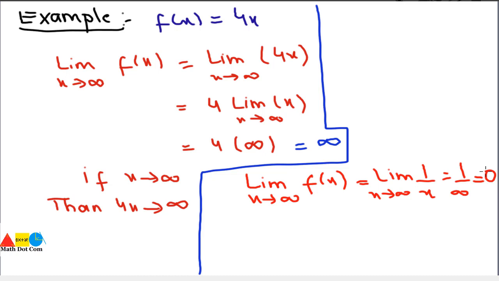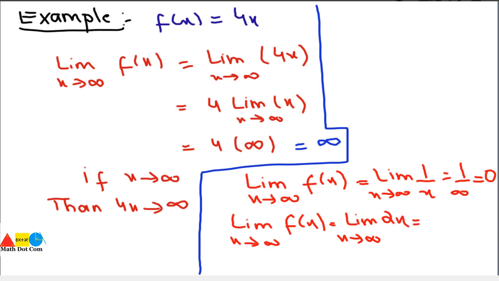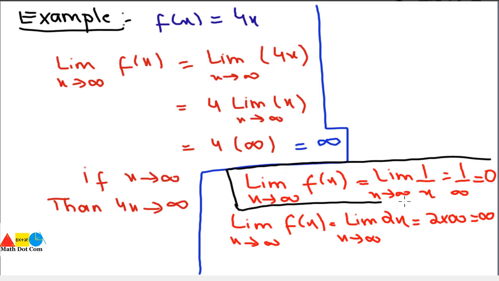So whenever you come across 2 by infinity, 3 by infinity, 4 by infinity, you will get 0. And in case you have infinity in the form of multiplication, as if you have a function 2x, you will get 2 times infinity and the answer will be infinity. So keep these two things in your mind in order to evaluate functions at infinity.